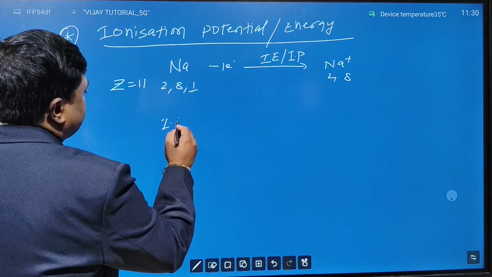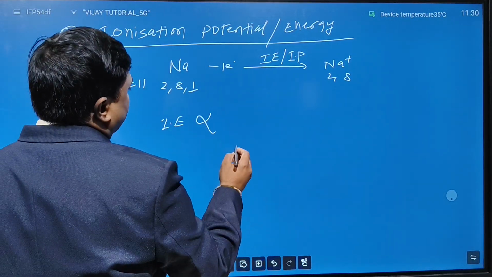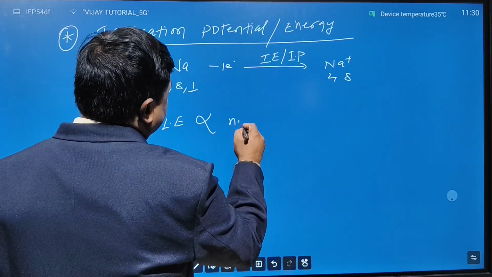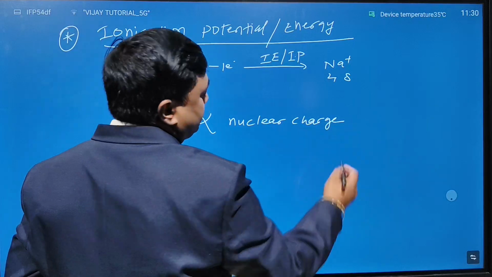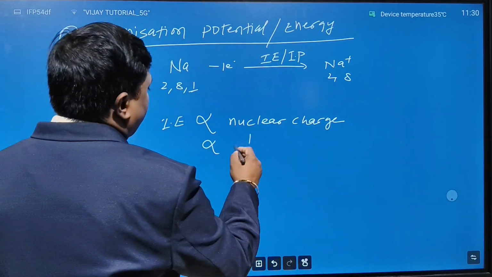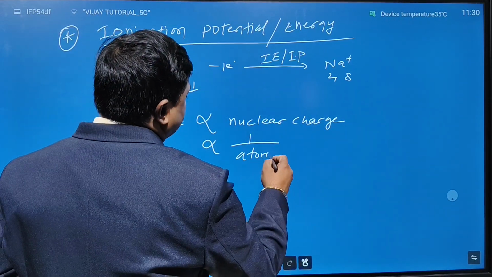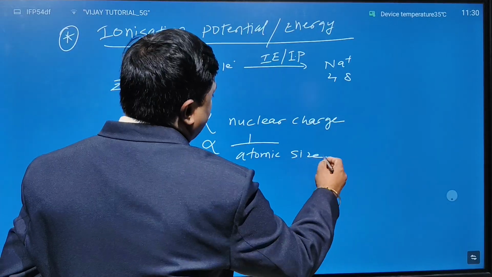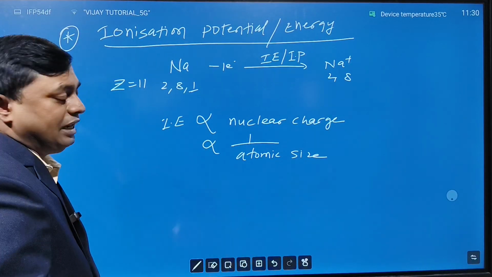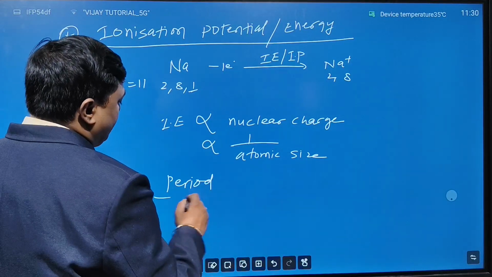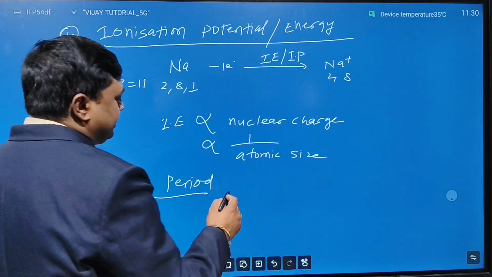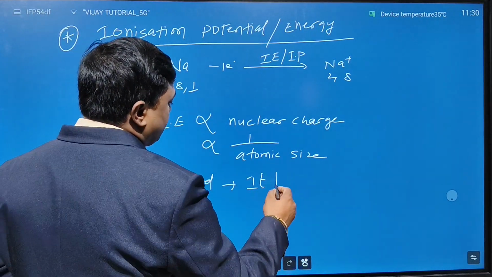Ionization energy is directly proportional to the nuclear charge. It means if the nuclear charge is more, ionization energy is high, and it is inversely proportional to the atomic size. If the atomic size is more, ionization energy is less. So in a period, as we move from left to right, the nuclear charge increases, so ionization energy also increases.